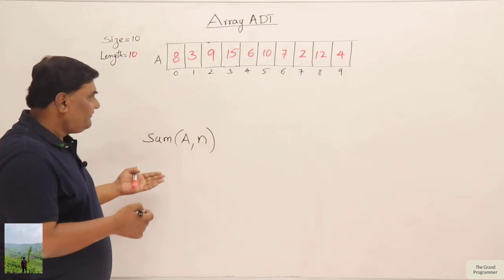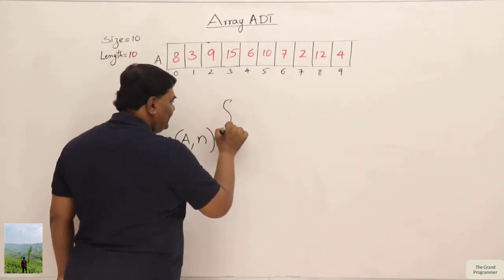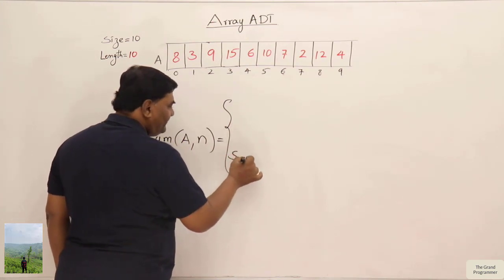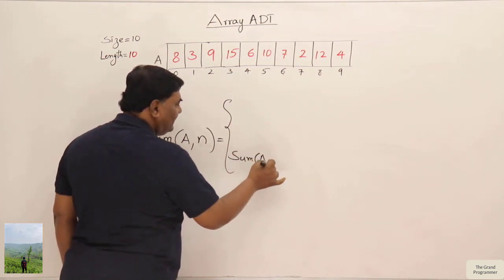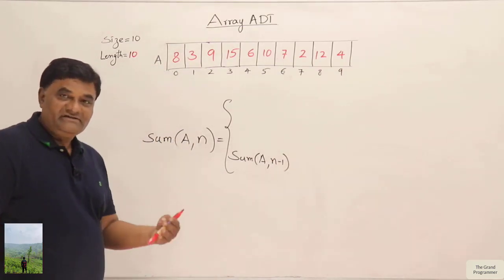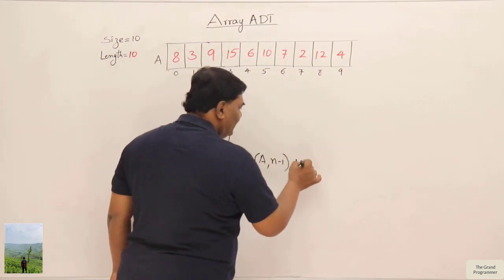So let us say this is number of elements. Then what is sum of all elements in an array? Sum of all the elements in an array can be recursively defined as sum of n minus 1 elements. So for n elements, sum of n minus 1 elements plus nth element.